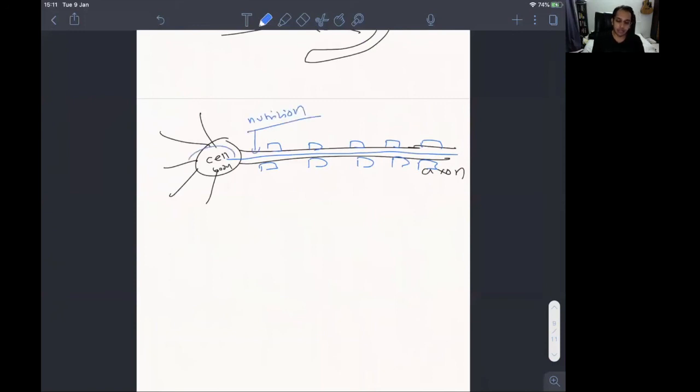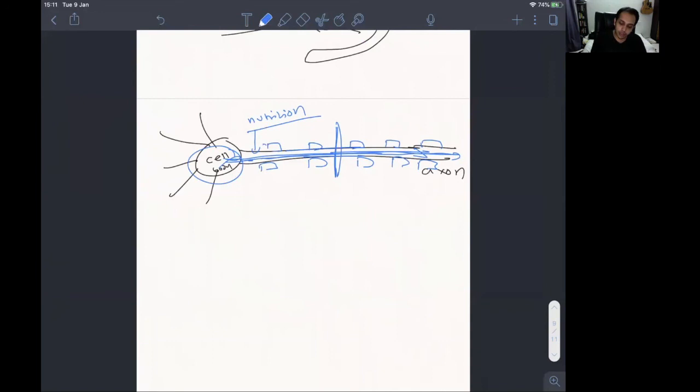So the cell body is responsible for creating nutrition and sending that nutrition all the way down the axon. Now suppose this nutrition is not being carried forward, then that axon will die and eventually the cell body will die.